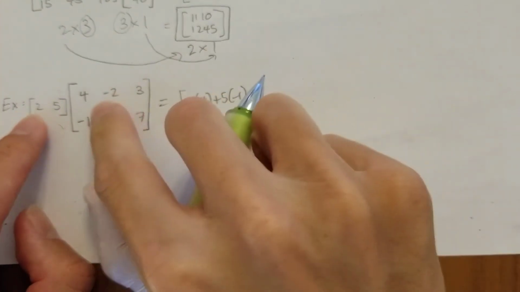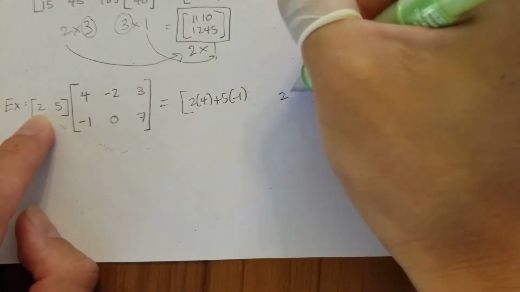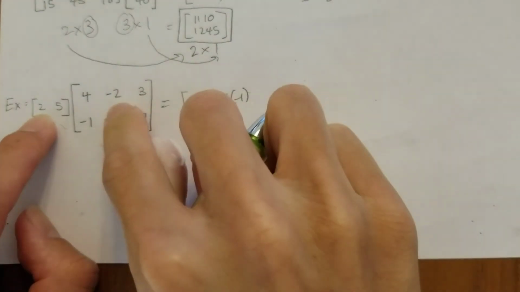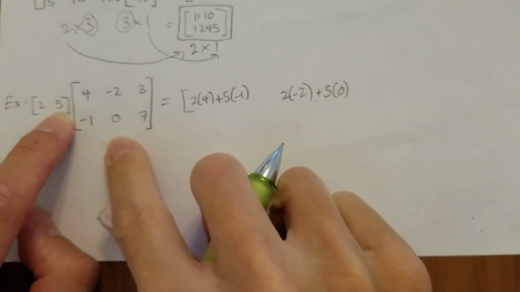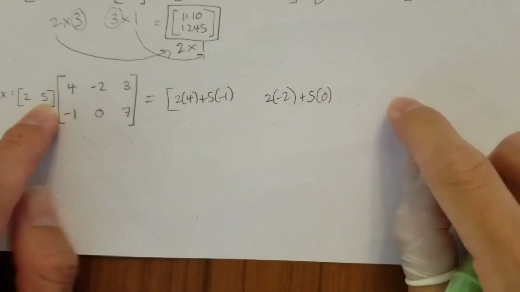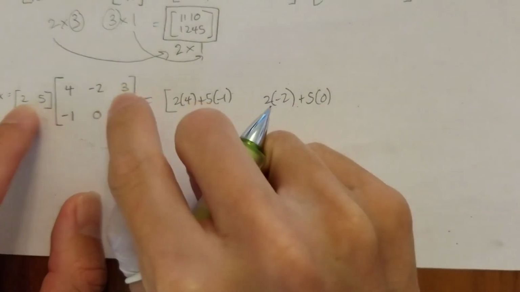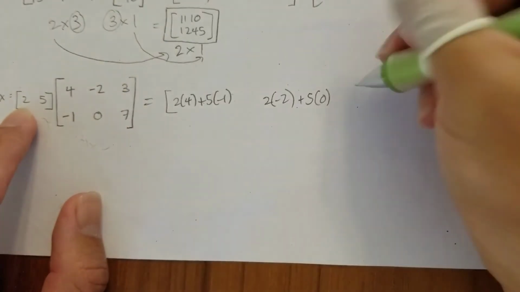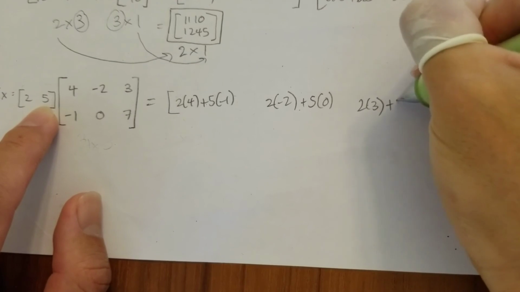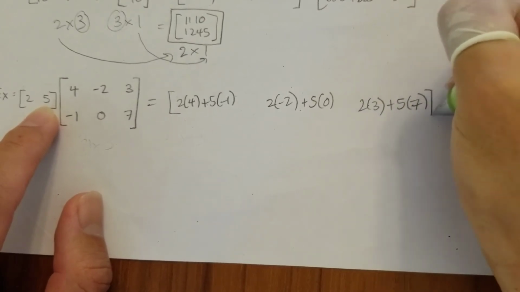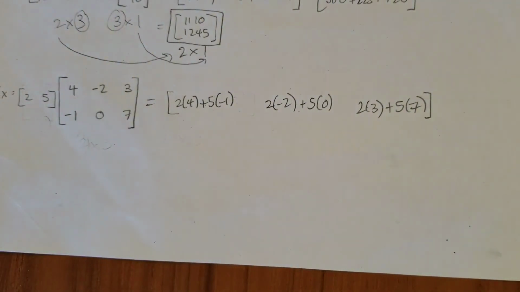This one, 2 times negative 2 plus 5 times 0. Okay. Then we've got to create one more. 2 times 3 plus 5 times 7.